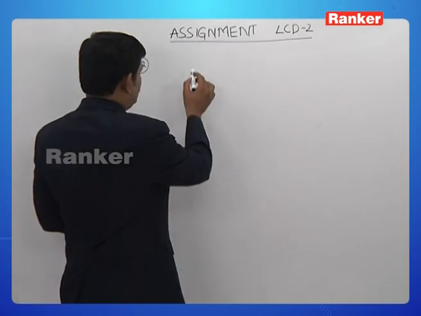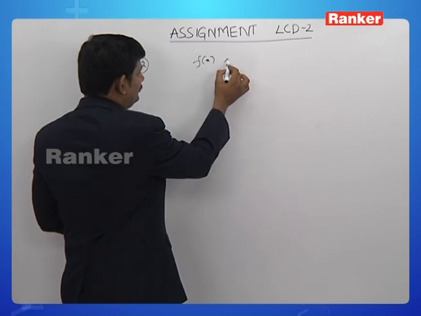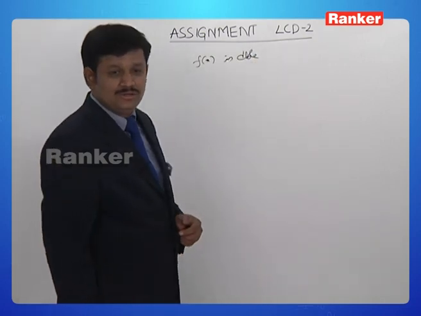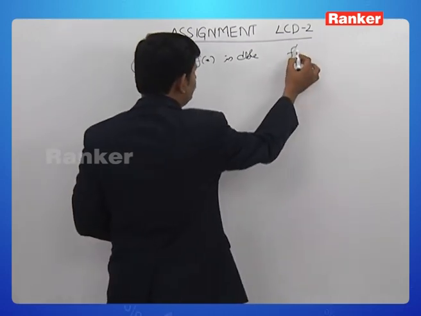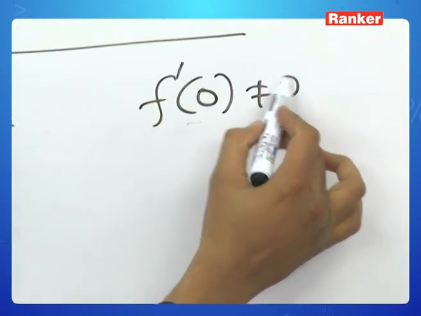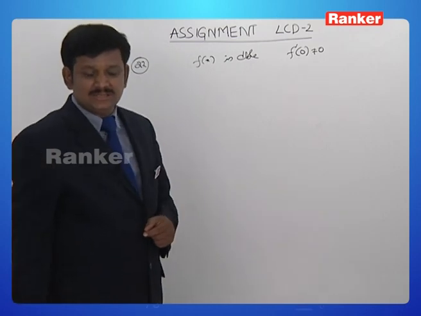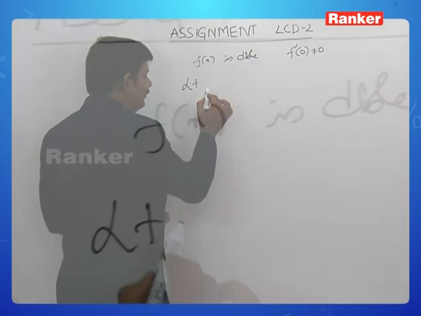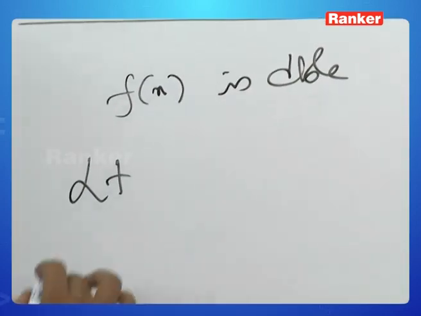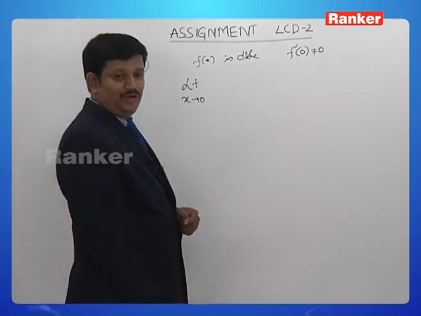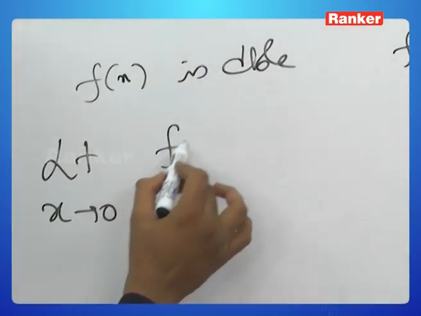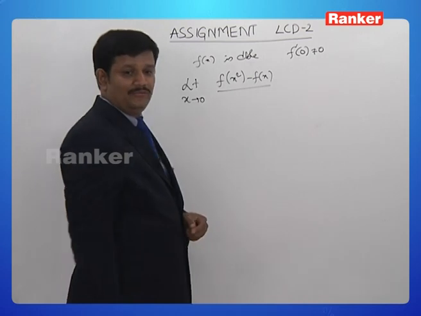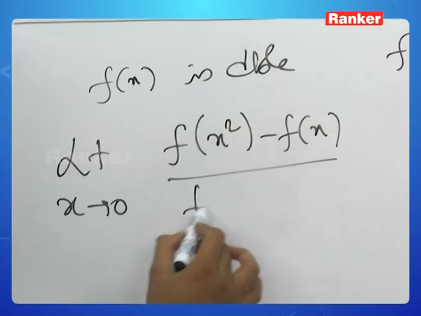It is given that f of x is differentiable, f dash 0 is not equal to 0, f of x is a strictly increasing function, and we are asked to find the value of the limit as x tends to 0 of f of x square minus f of x divided by f of x minus f of 0.